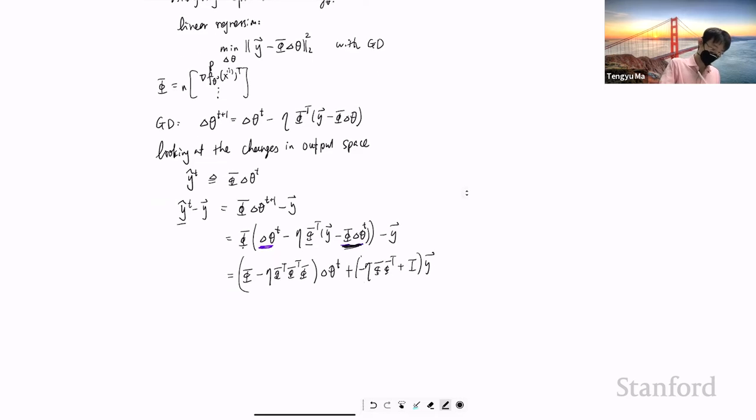And interestingly, you can write this as I minus eta phi transpose phi.